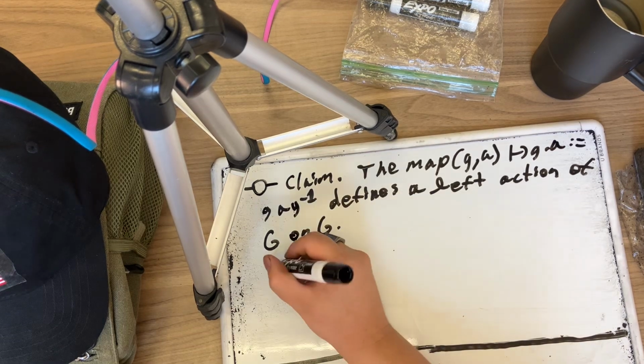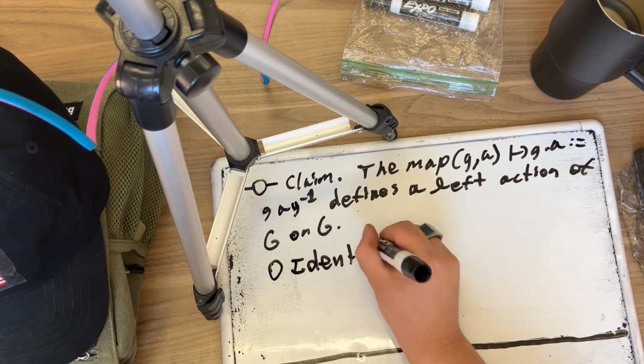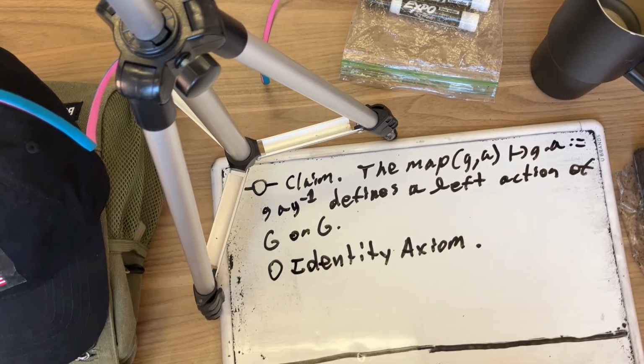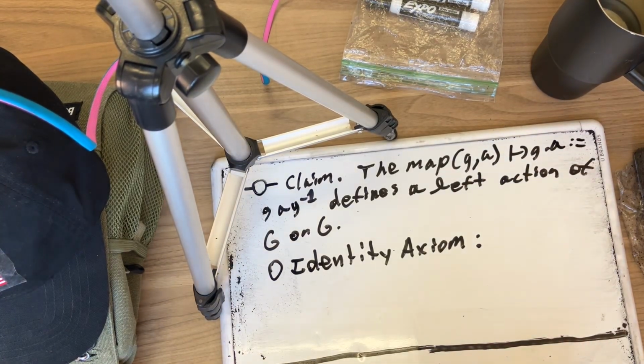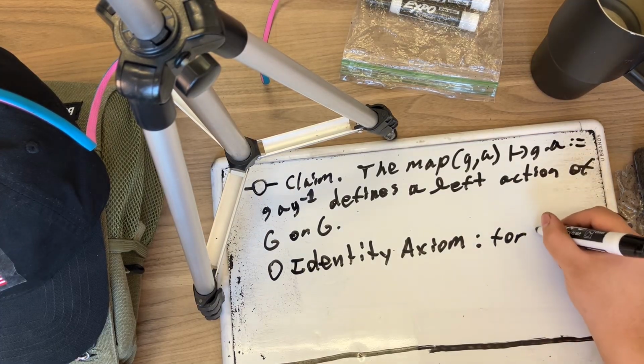So that's our claim. Now let's look at the identity axiom, see if that holds for this case. It's more so that this sticks to the axiom more so than the axiom itself holds, because an axiom is an axiom. That's a tautology, right? But it's the thing that's believed in order for the thing to work.